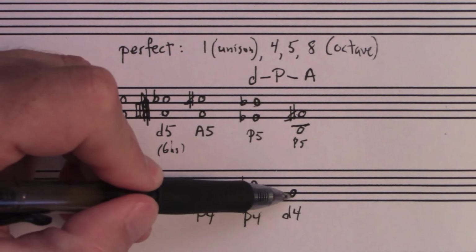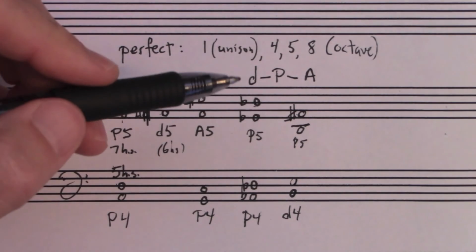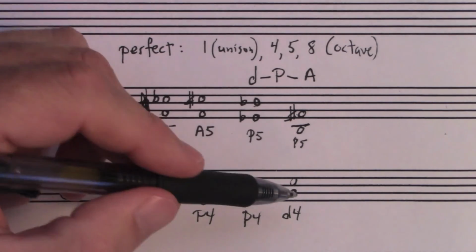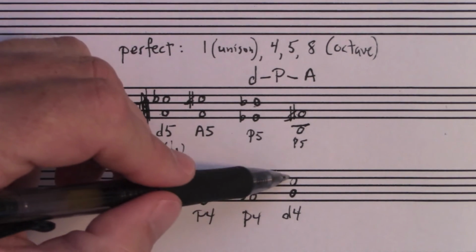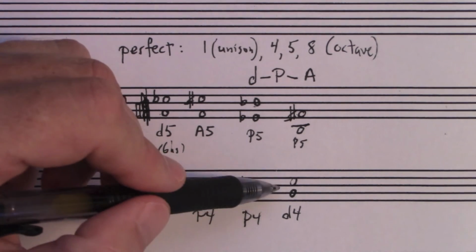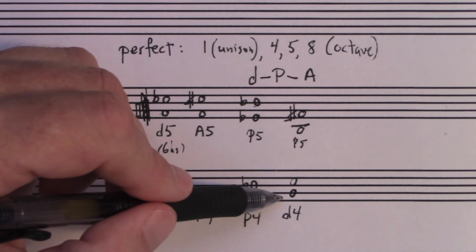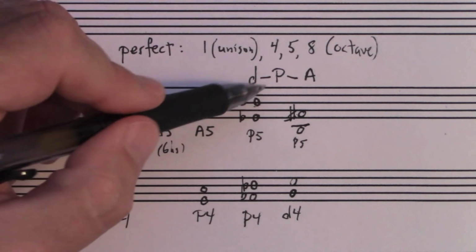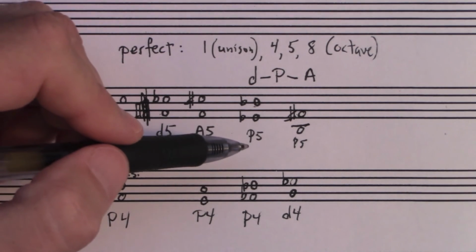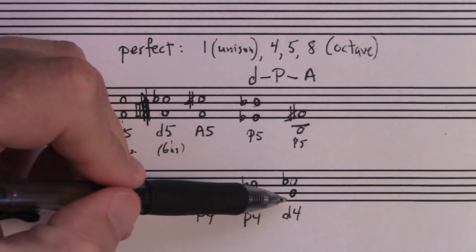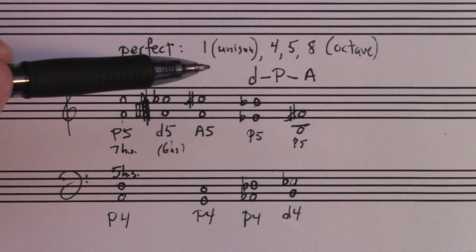It's still going to be a fourth, so B, C, D, E. It'll be an E. And how many half steps is that? Oh, that's 5 half steps. So that is a perfect fourth right there. We need it to be diminished, so we need to take away 1. So we flat that, and we have a diminished fourth. Okay?